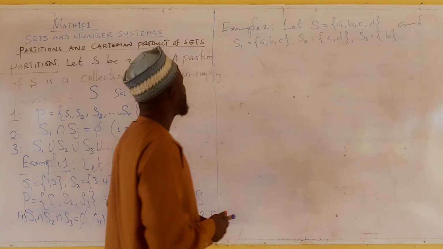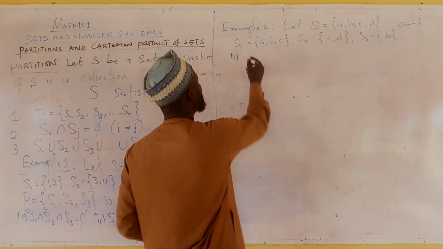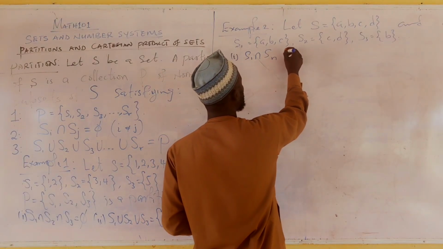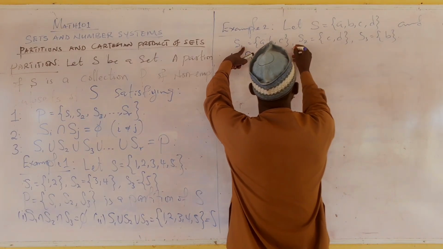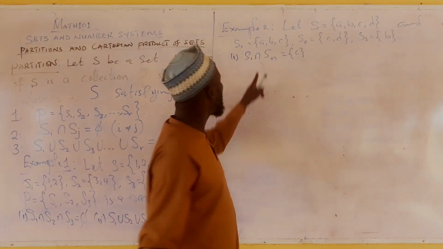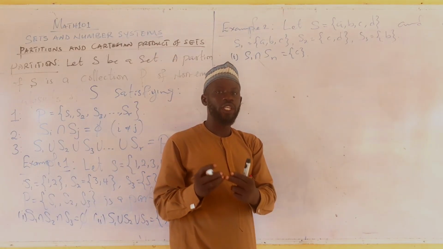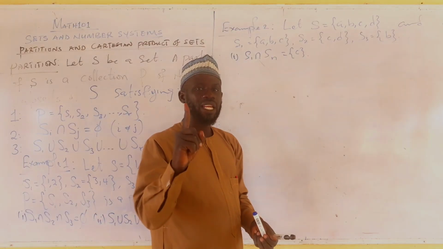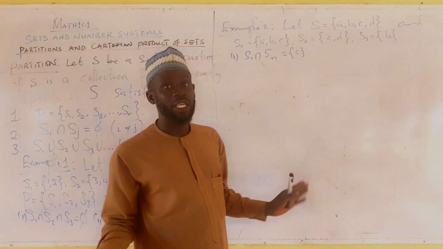Now, what are we going to test? We test their intersection. S1 intersection S2 is equal to what? S1 intersection S2 is c, a set containing c. So you see, if you test and find that even one pair is not disjoint, meaning they are connected by one element, then it is enough to stop and say that it is not a partition.